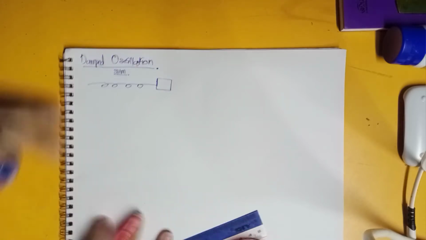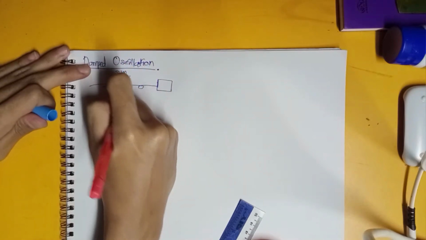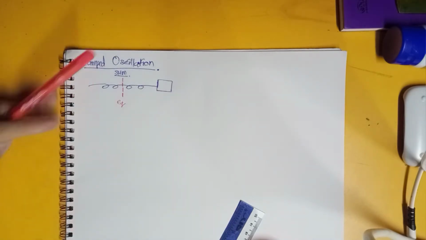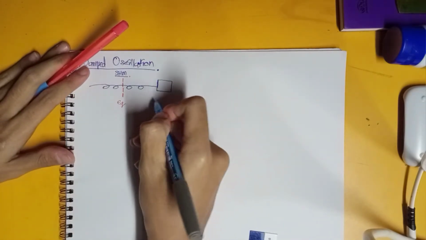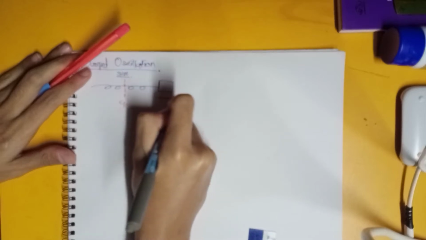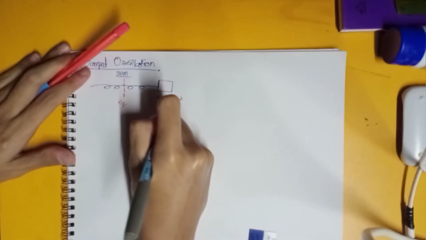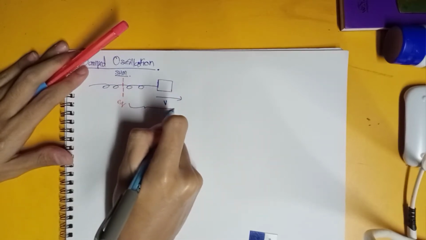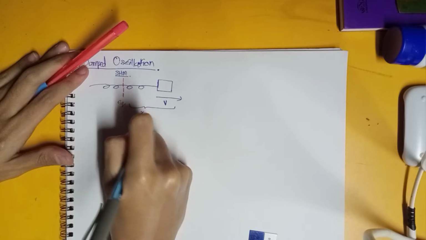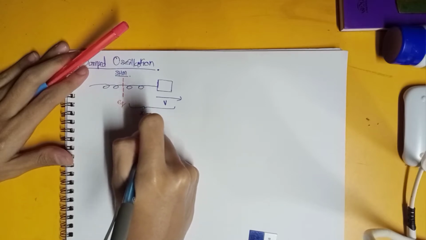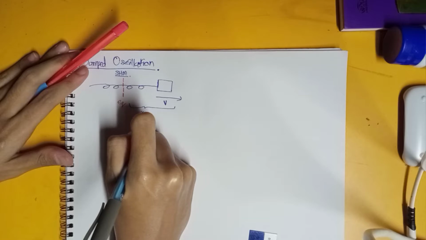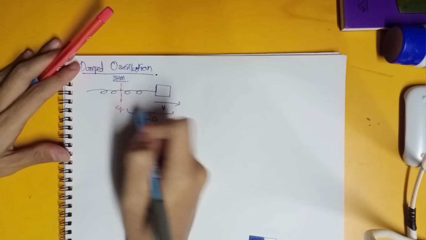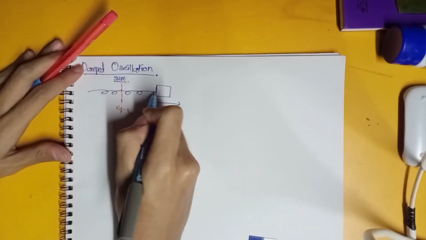Right here we have the equilibrium position in the middle. Assume that right now the object is moving to the right, with the velocity here, and of course we have the displacement right here, which is x more than 0.